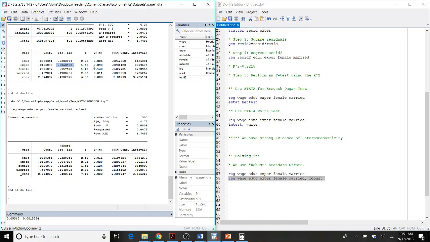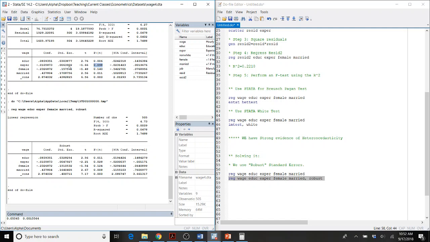All right, so we find a p-value of 0.098. That's significant at the 10% level, although it's really close. I mean, gosh, if the data was just a little bit different, you could imagine a scenario in which we would actually say that experience was not significant because of the bias caused by heteroscedasticity.